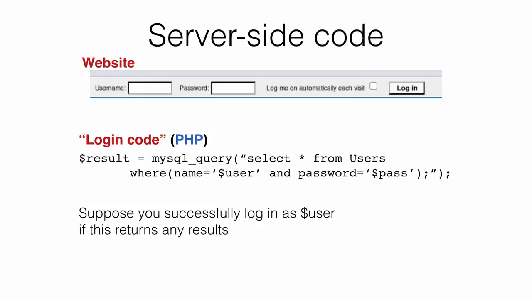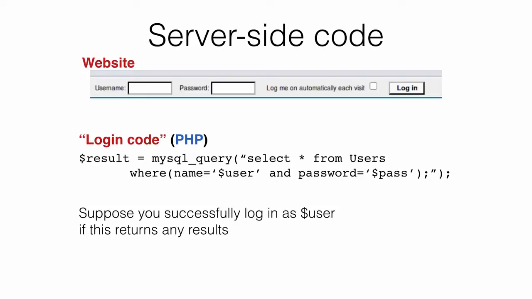So let's suppose that a user types in their username and password and sends that information along. That information is going to be included in the user and pass variables shown in the PHP code. So what is that doing? Well, the query is going to select star from users, so it's going to get every possible user in the users table where the user's name is the user that was typed in and the password is the given password.